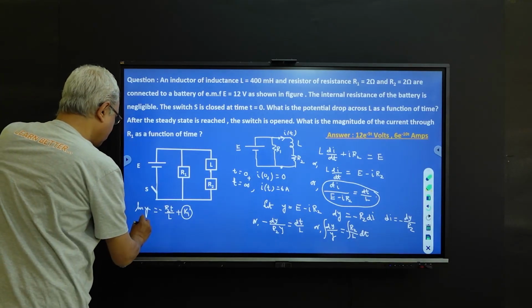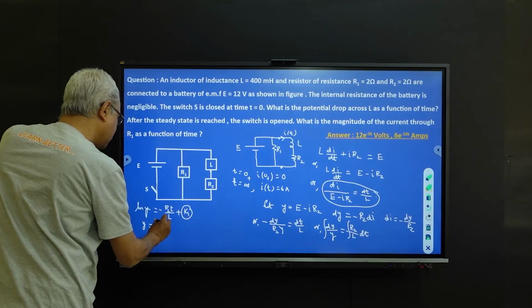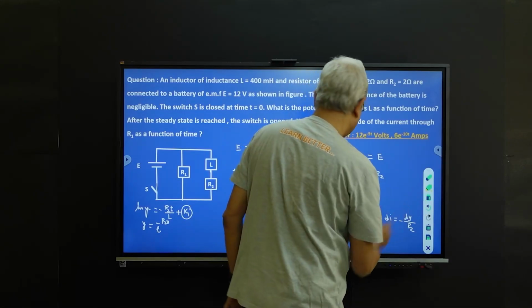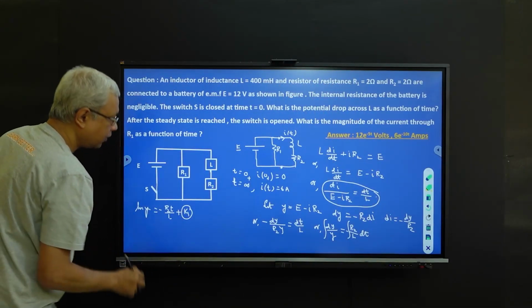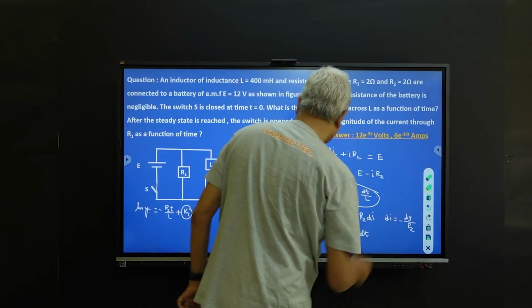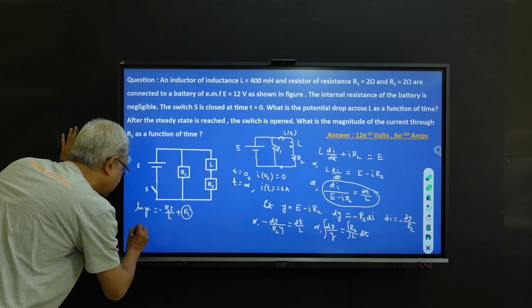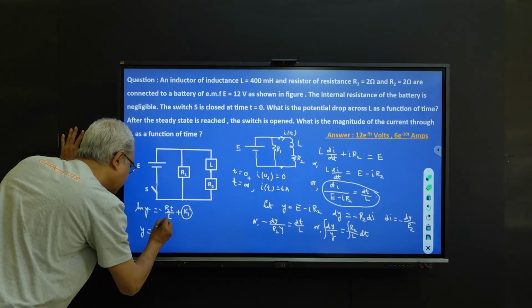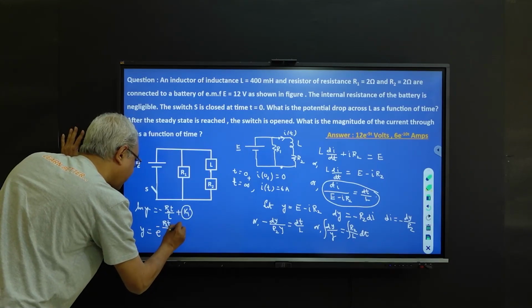So y is equal to e to the power minus R2 t by L plus K1.